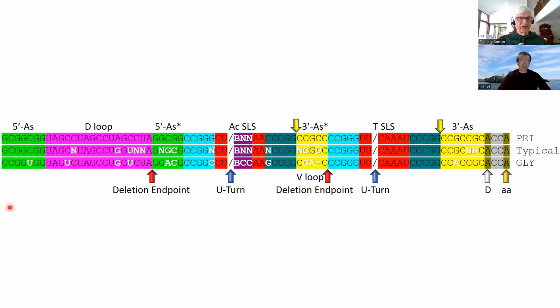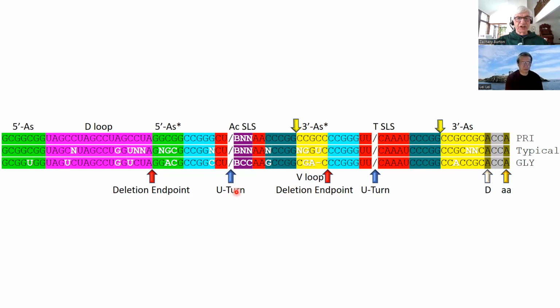Just to reiterate, this is a GCG repeat, GCG, GCG, G, and this is a GCG repeat here, this little green segment corresponding to those 5. This is a UAGCC repeat in the D loop. This is a stem-loop-stem, and this is a stem-loop-stem.